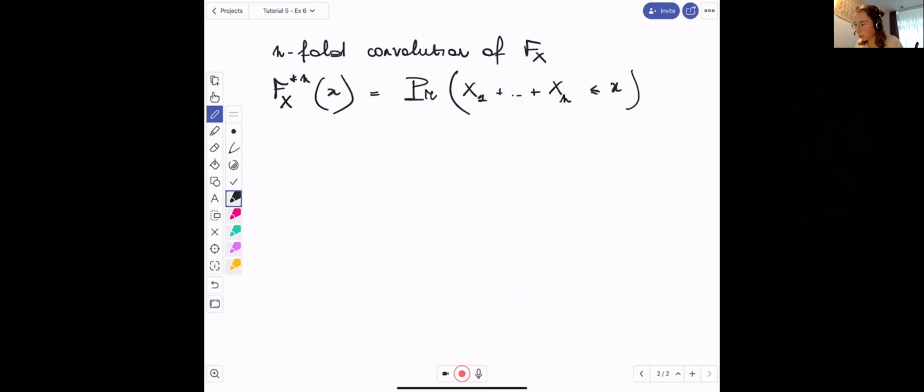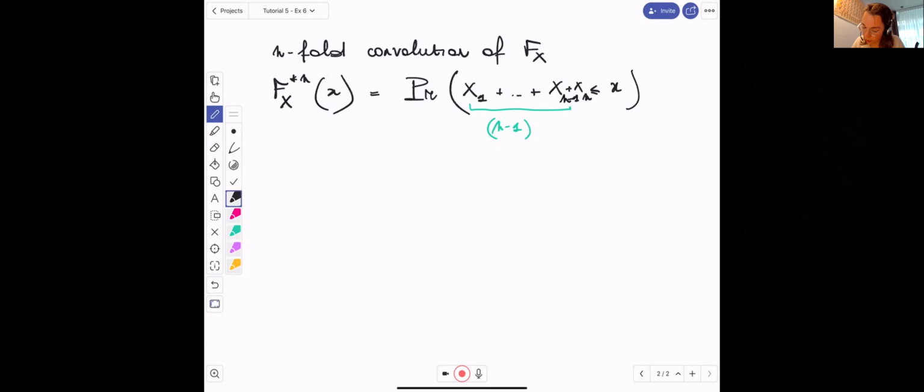Now in class, you saw that based on the fact that you have this sum of n minus 1 random variables plus Xn, you build a recursive relation for your n-fold convolution of F_X by conditioning on the values that our Xn can take.